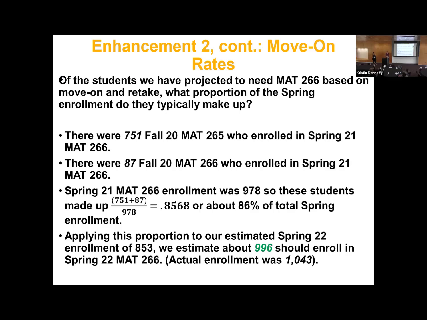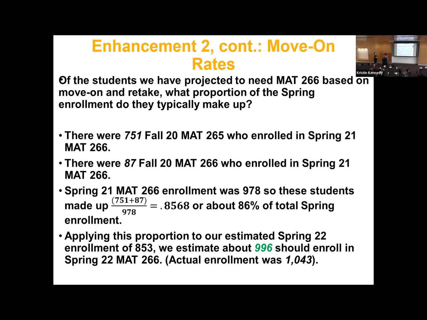They're either retaking it or they're moving on. It's not always apparent; you have to look at it the other way. So historically, looking at spring 21, what proportion of the fall 20 move on and retakes made up the total enrollment in spring 21 Math 266? The answer is about 86%, or 0.8568.